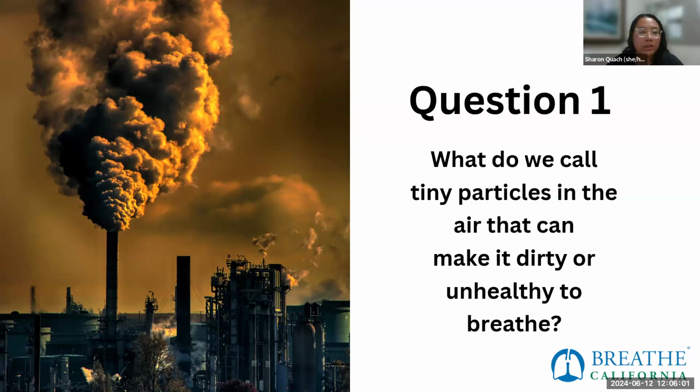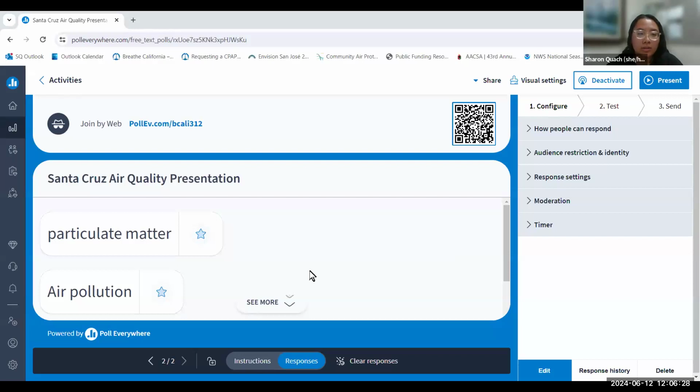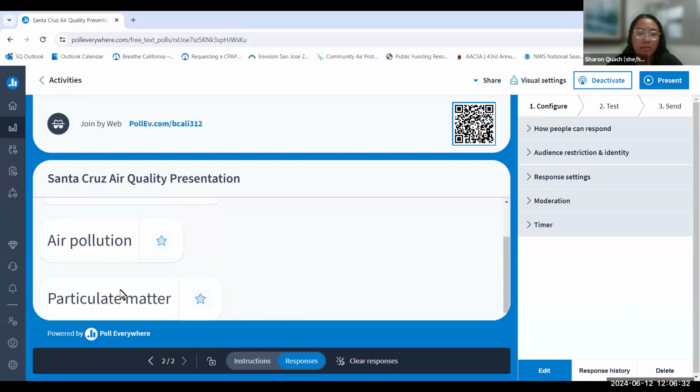Yeah, I can share the answers if everyone's ready. Okay, so the answers that we see here are particulate matter, air pollution, and particulate matter again.